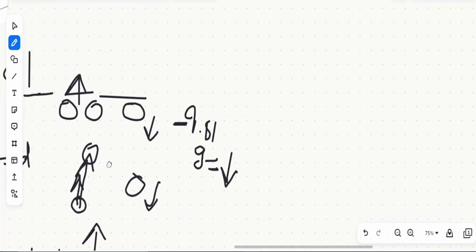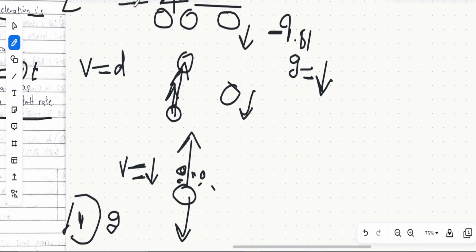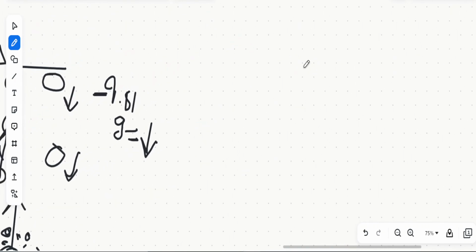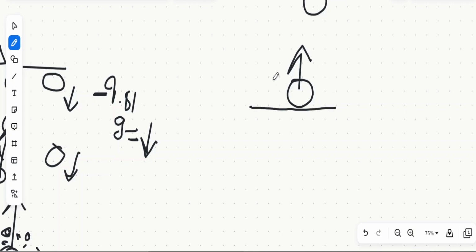Now, the second thing is that when your ball reaches the height where it will change its direction, initially the ball was moving up, and it reaches a certain height from the base, from the place where you threw this ball. So let's say Talal threw this ball up. The distance from the point he threw the ball is your height.